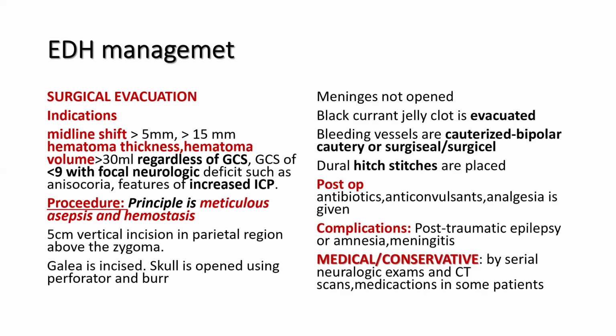Postoperative, you give antibiotics, anticonvulsants, and analgesia to your patient, and you're worried about complications, which could be post-traumatic epilepsy, amnesia, meningitis, or surgical site infections and so on. So that is the main.